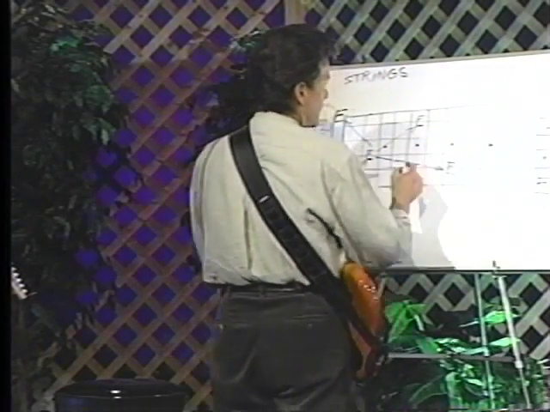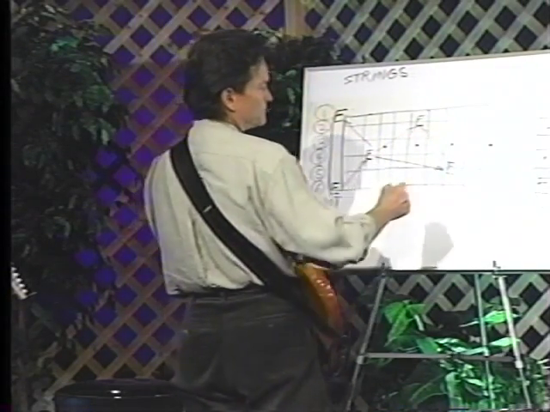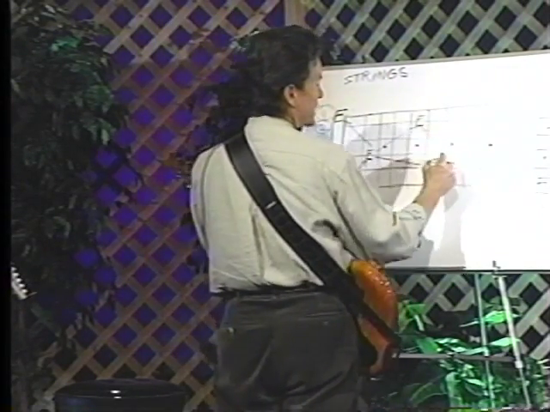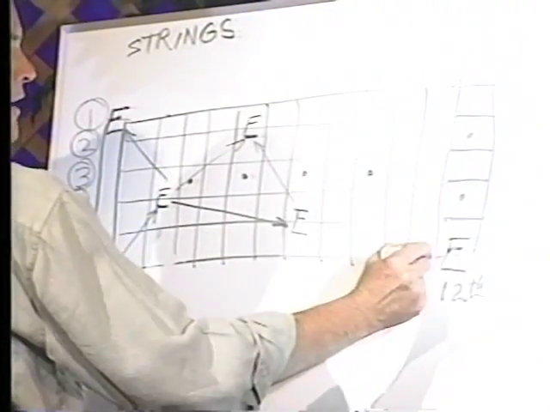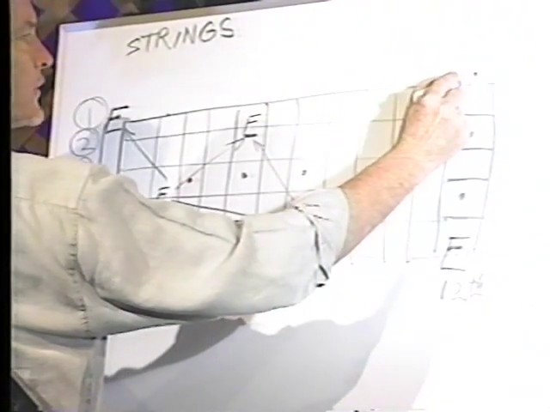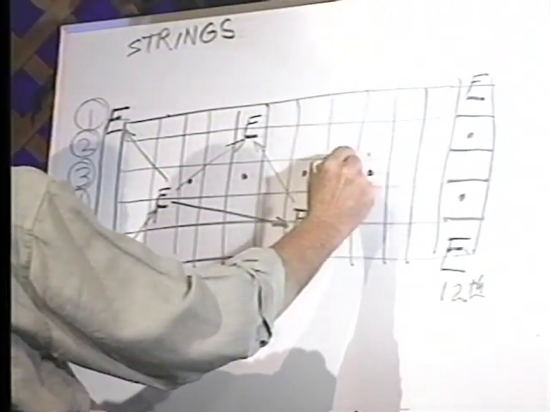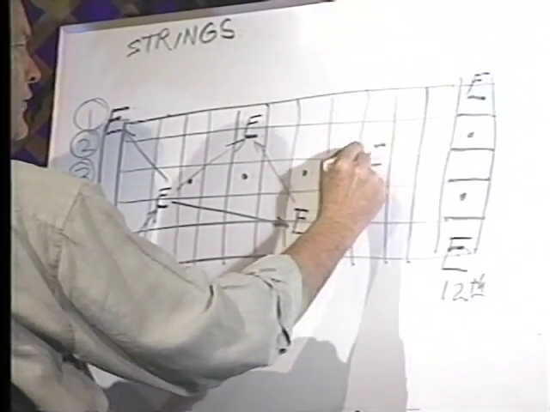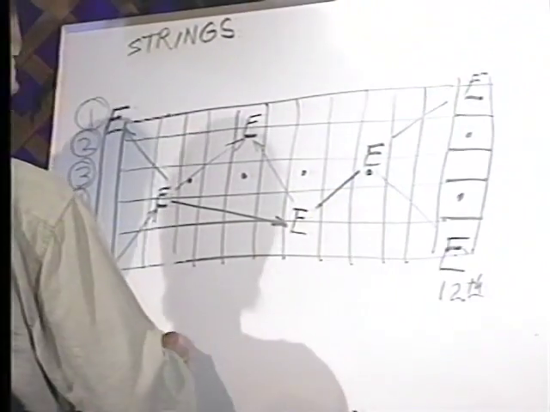Now we find, of course, that we have that octave relationship, the octave of E to E. Now, when we play the octave of E to E at the 12th fret, we create this octave. And now when we create the E on the third string, we have created these shapes.